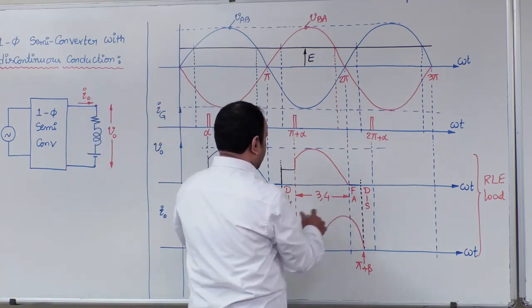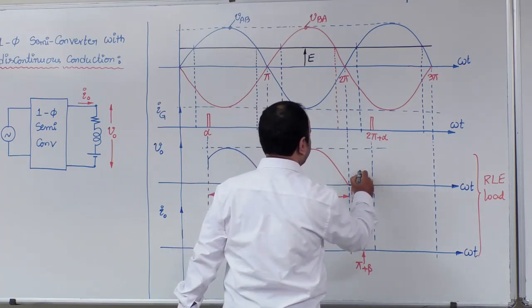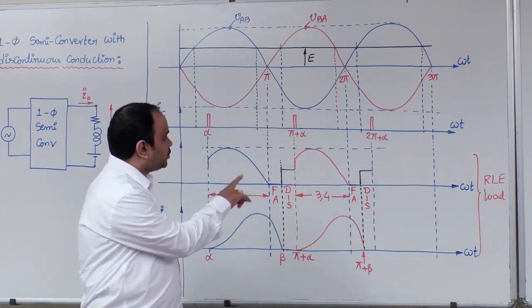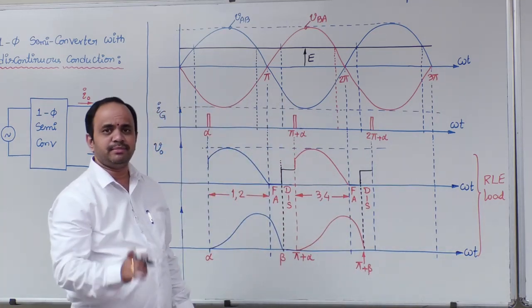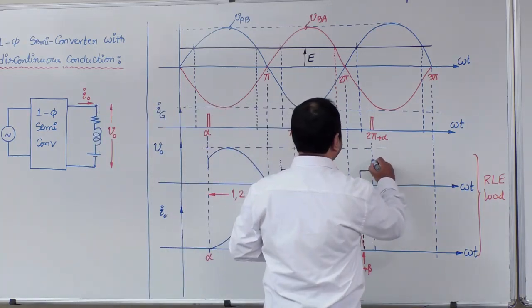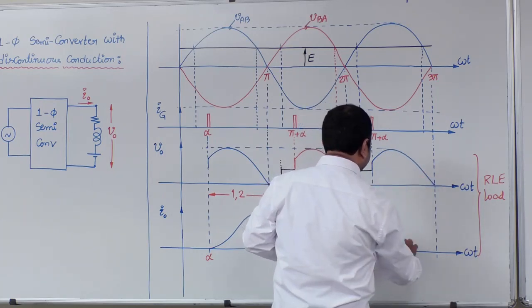Pi plus beta to 2 pi plus alpha, there is a discontinuous interval. During that interval, output voltage is equal to load EMF E. In this way, the waveform will repeat periodically in the next cycle.